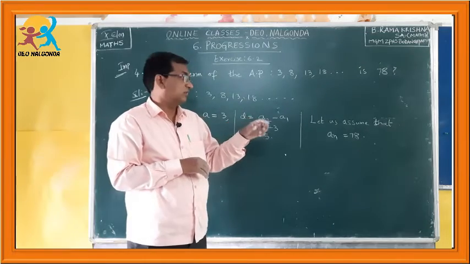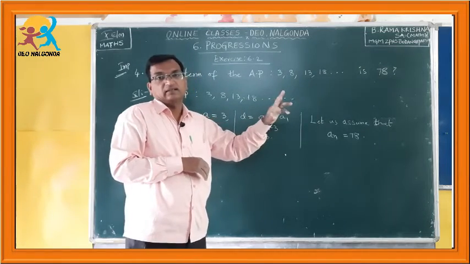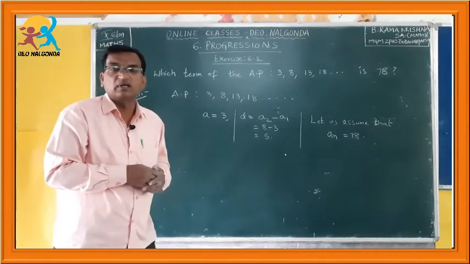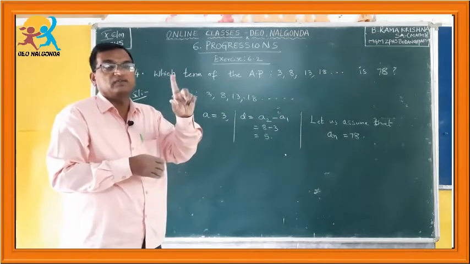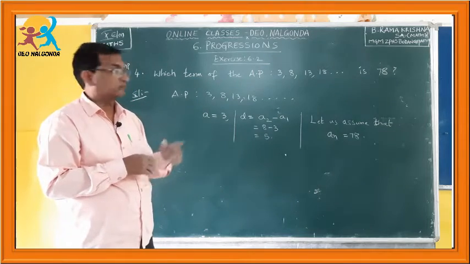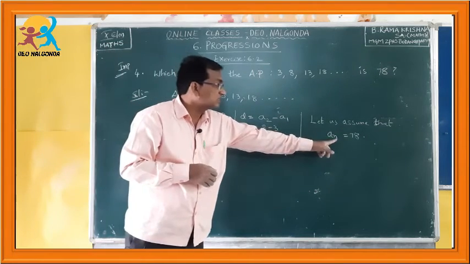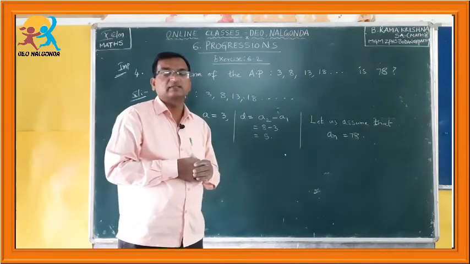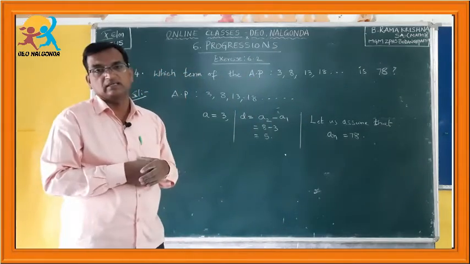If you assume that and substitute in the formula, you can find the value of n. If you know this n, then you can tell which term that 78 is in this series.